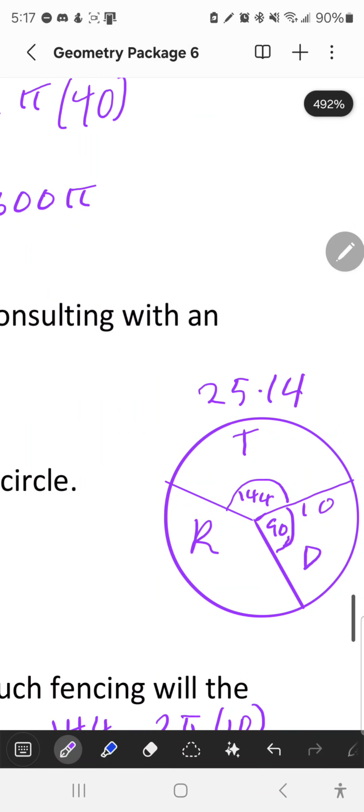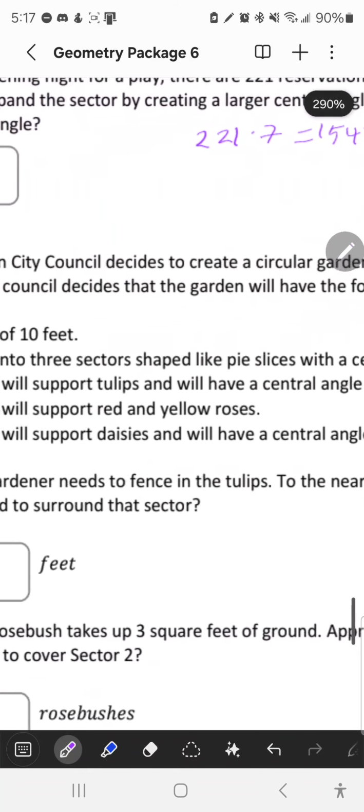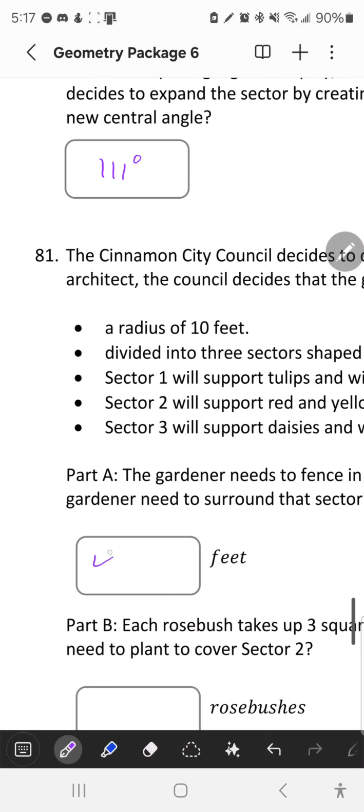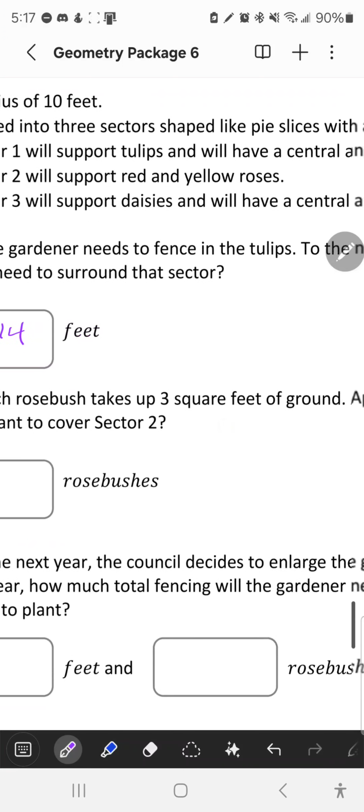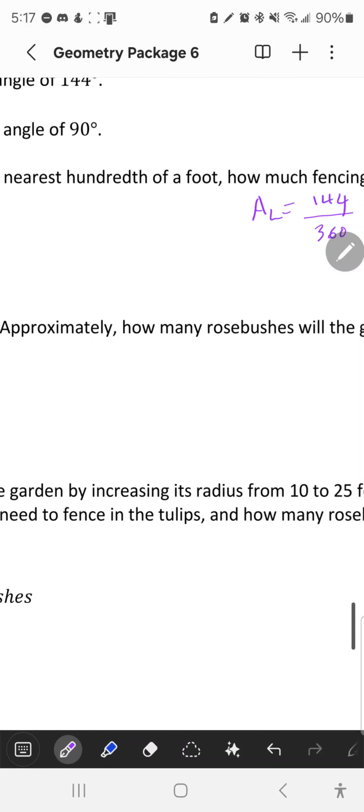Now 25.14 plus 10 plus 10, because we need to add the two radii, so 20 plus 25.14 is 45.14.